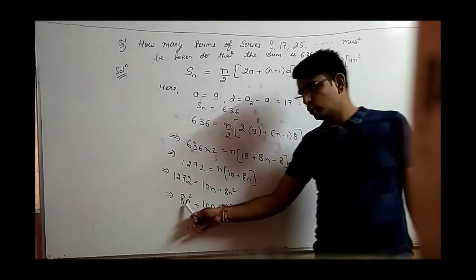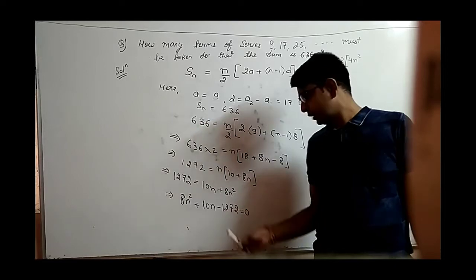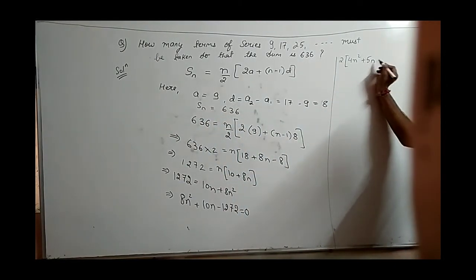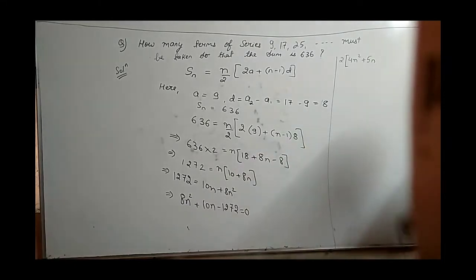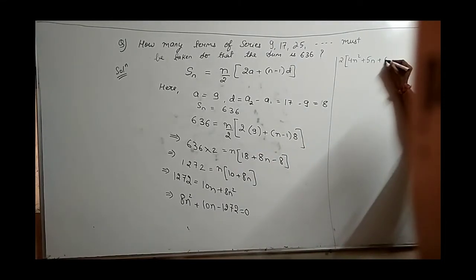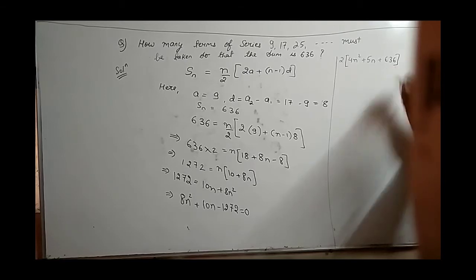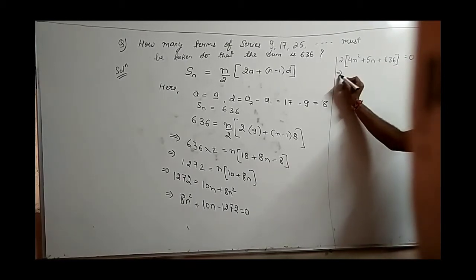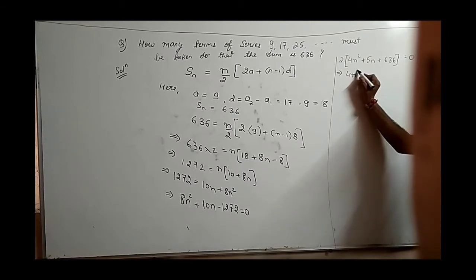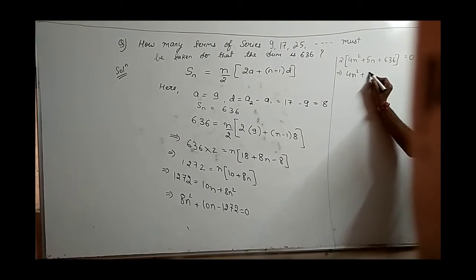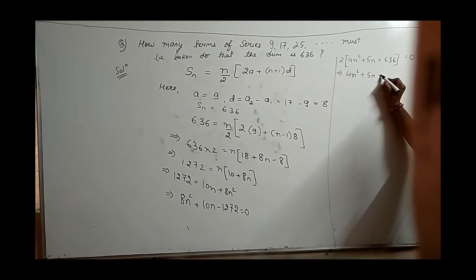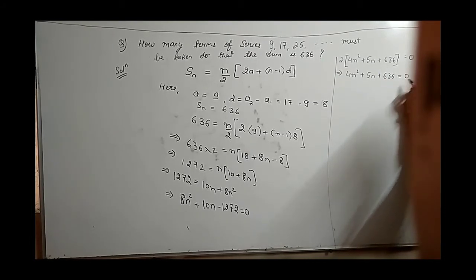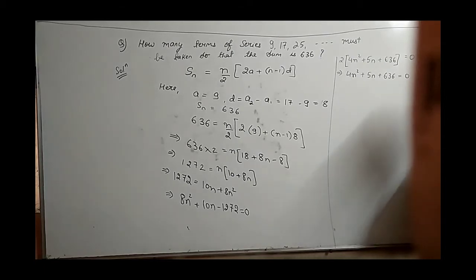I have taken 2 common, so 4n square, 5n, and from here I will get 636, which is equal to 0. So my equation is 4n square plus 5n minus 636 is equal to 0.